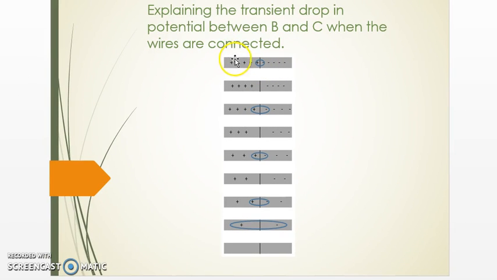So what I've got here is, I said, let's forget about the plates for the moment. I've just got a positively charged rod and a negatively charged rod, initially separate, so there is a potential difference between them, and then they are joined together. What's going to happen?